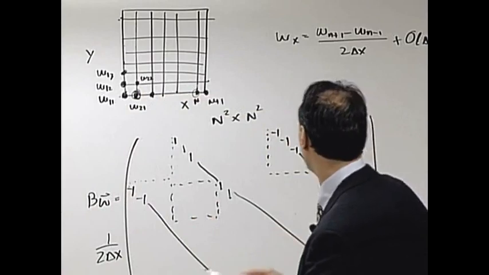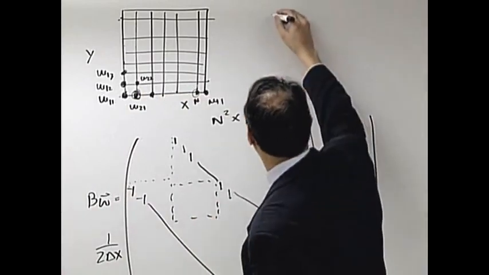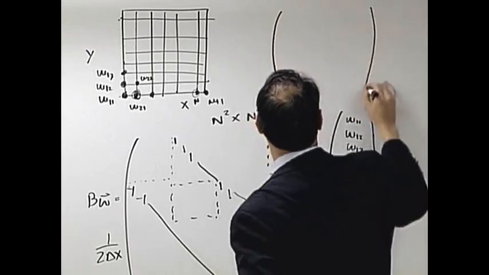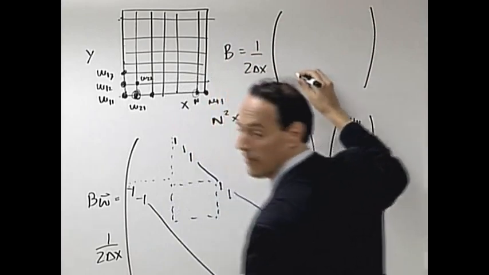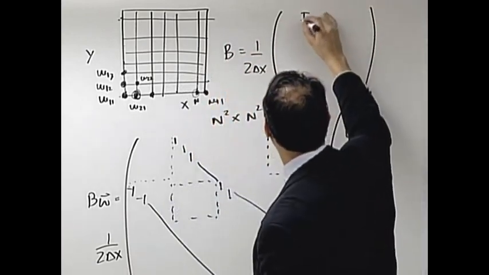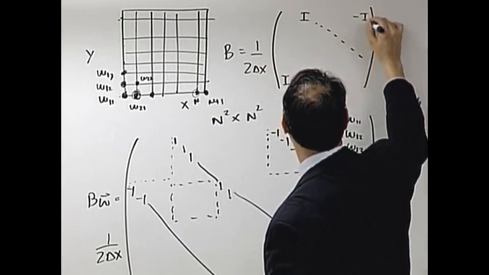So now, what does it look like in some more sophisticated way of thinking about it? The B matrix looks like the following. You have these identity matrices. And then you have these minus identity.